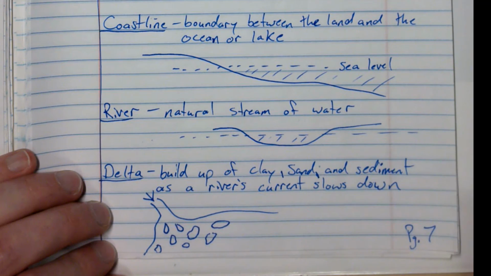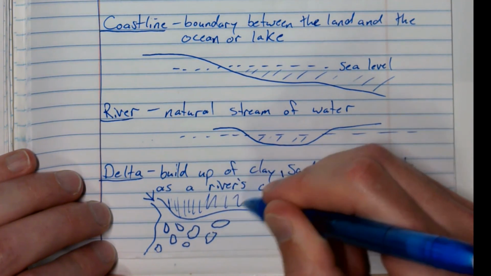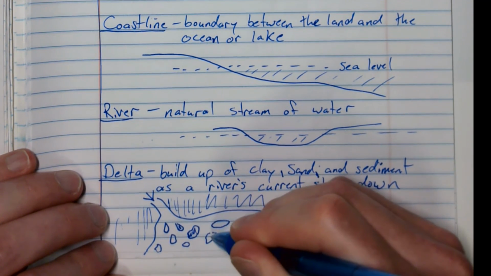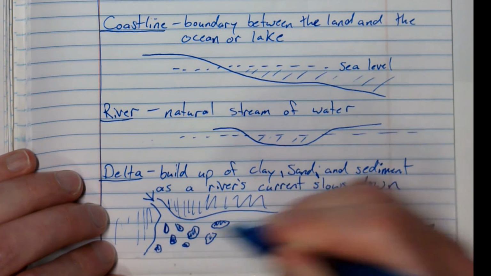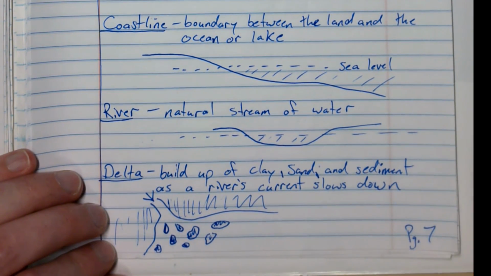So, I mean, if I were to fill in the land, I can fill in the land, I suppose. And then these would be land too. So, this is a delta.